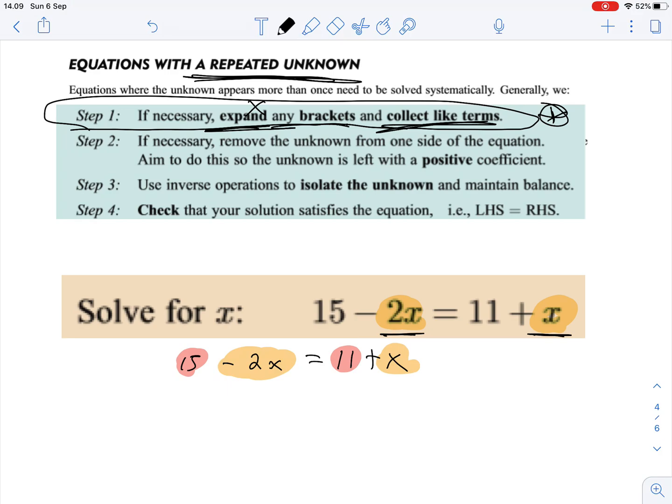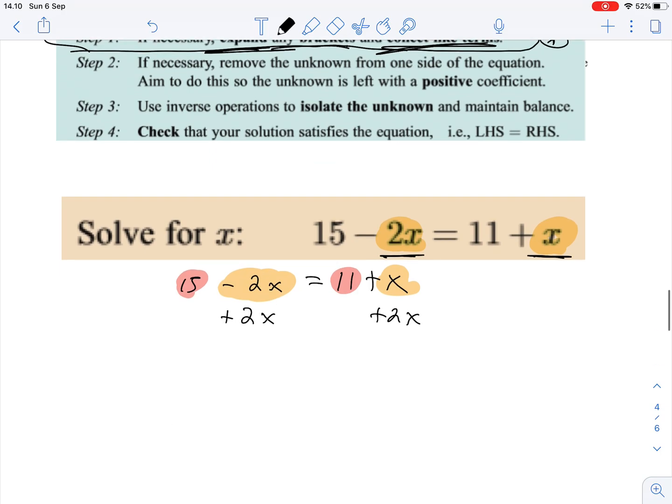Well, I'm going to isolate the variable. So I'm trying to get the variable together on one side. You can go either way, left or right. I'm just going to add 2x. And remember, you have to do it to both sides. That gives me 15.